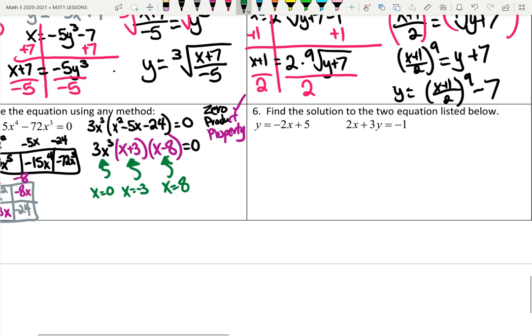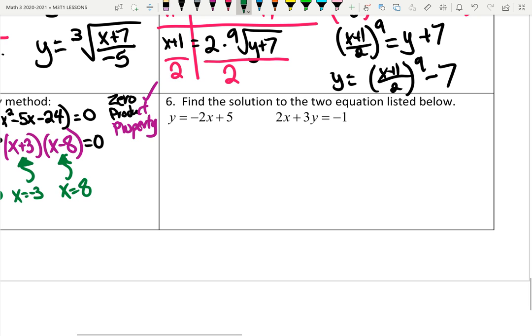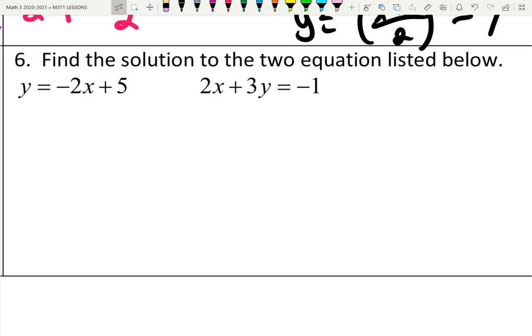Number 6, find the solution to the two equations listed below. I see two variables, so I'm going to do some substitution. Since y is equal to negative 2x plus 5, I'm going to let y equal negative 2x plus 5.